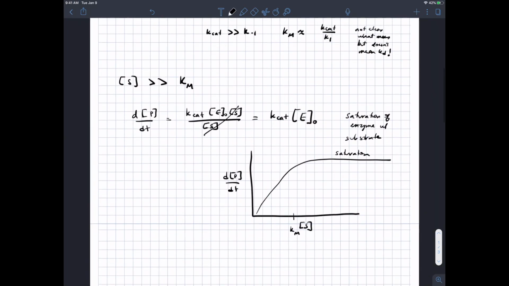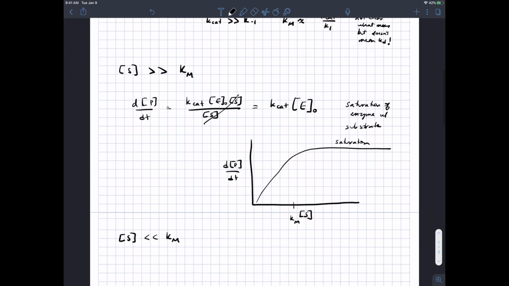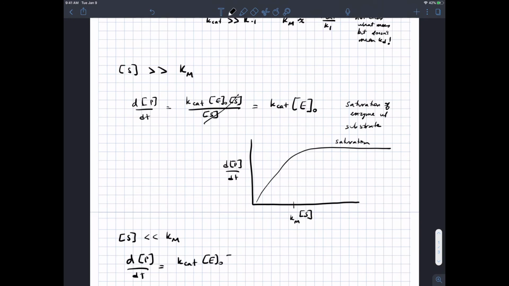In contrast, if substrate concentration is very, very low, much lower than Km, then dP/dt is just kcat times enzyme concentration times substrate concentration divided by Km.